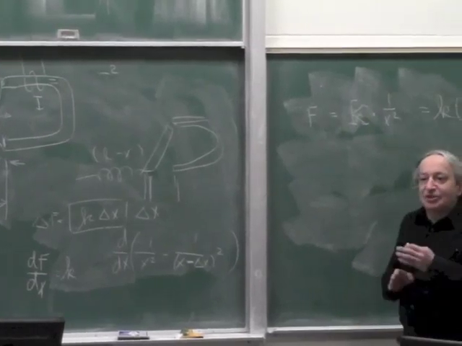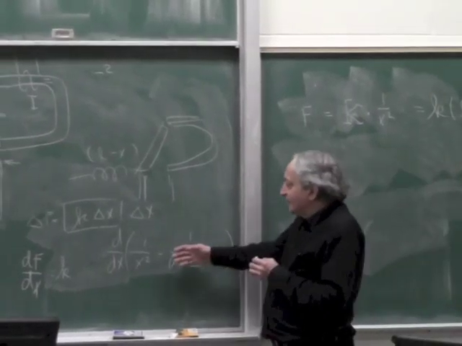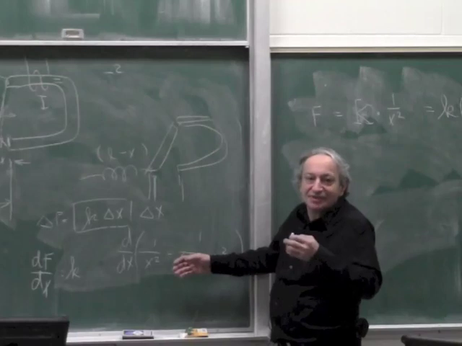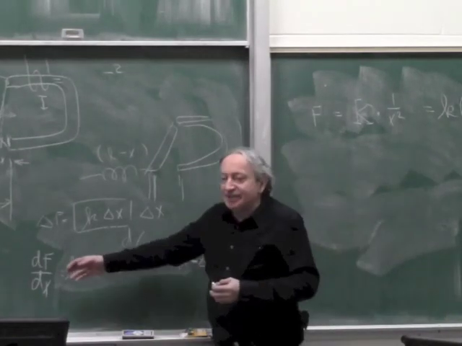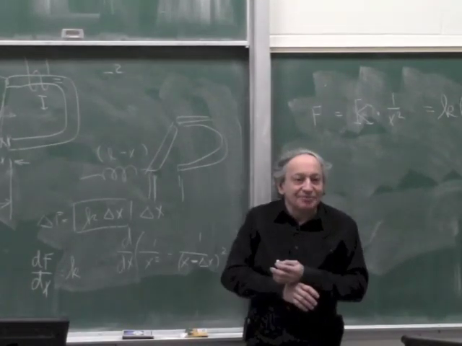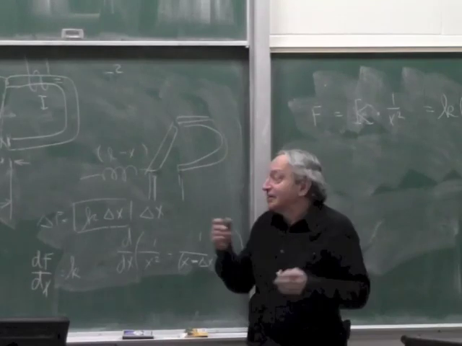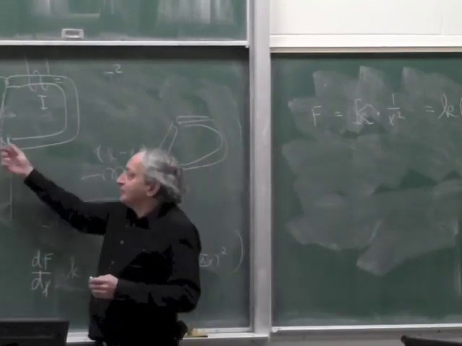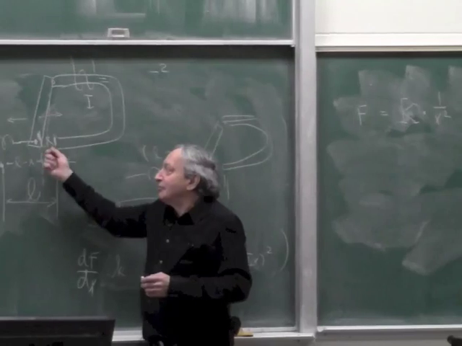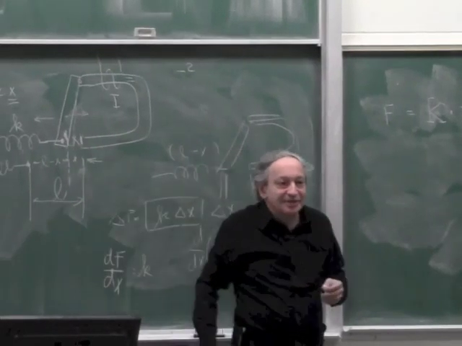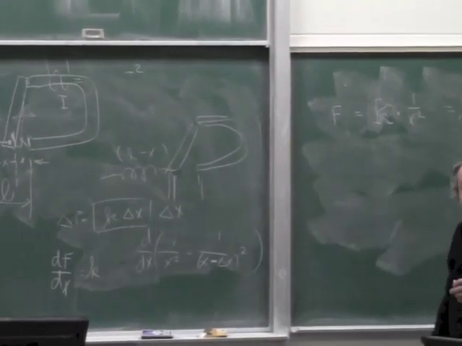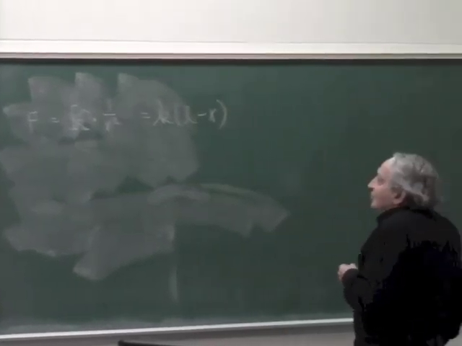So in other words, when the slope of this side, the change of force with delta x, is bigger than this, you'll get runaway. Because for a change delta x, this force will become bigger, the spring will stretch a bit more, this will become bigger again, and you get runaway. And that's called snap. So let's find out where it happens.